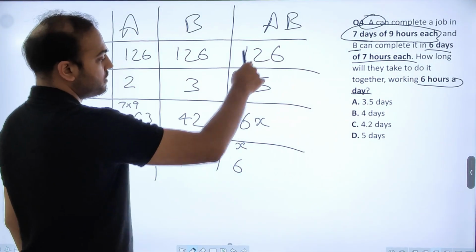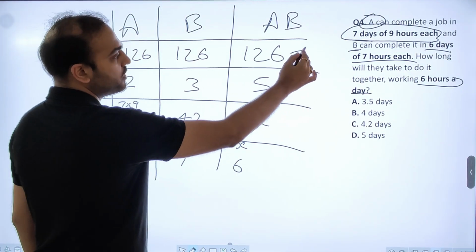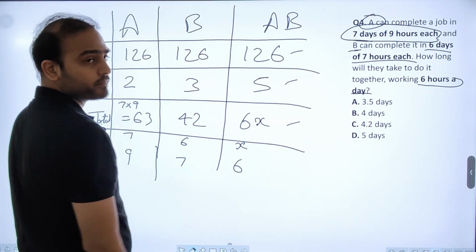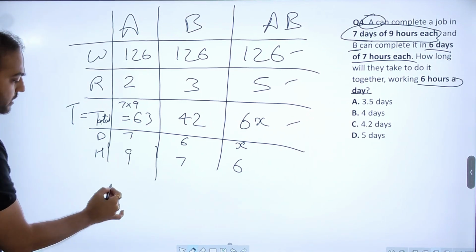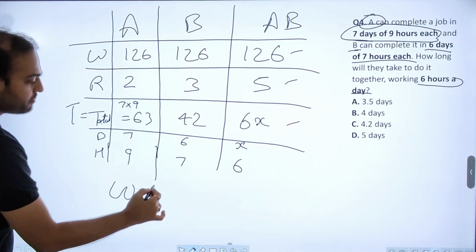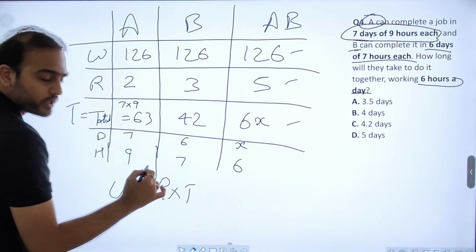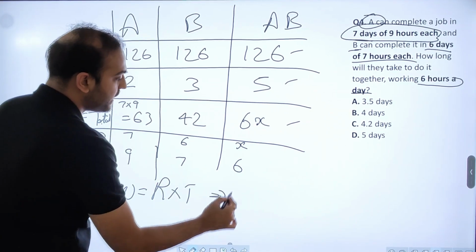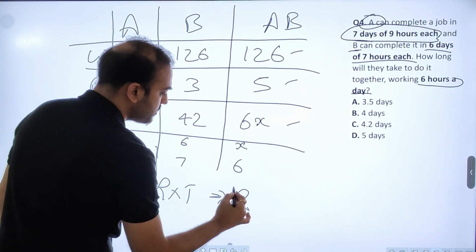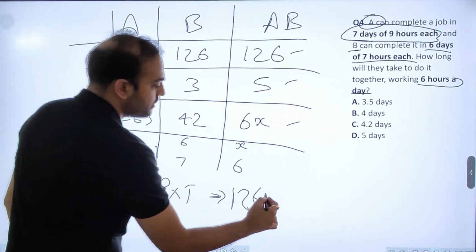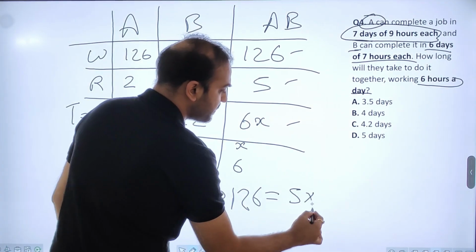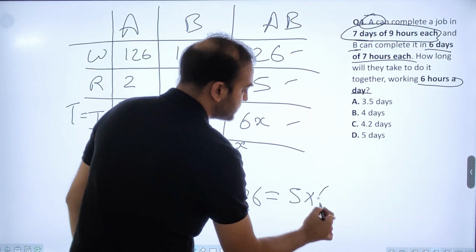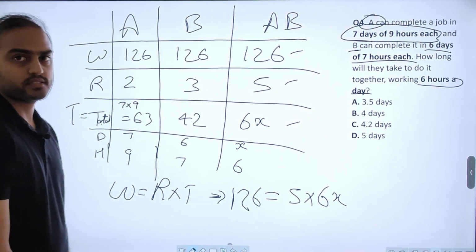Now if you see the final column, I have work, I have rate, I have time. We know the relationship. For every column, work has to be rate into time. So if we apply that, work, which is 126, is equal to rate, which is 5, into time, which is 6x.